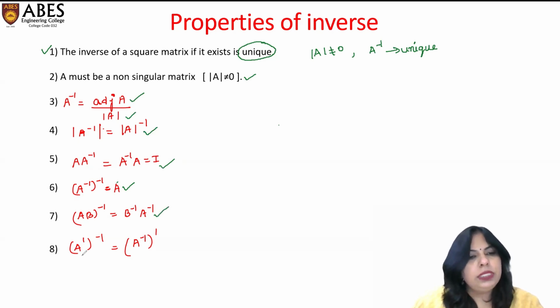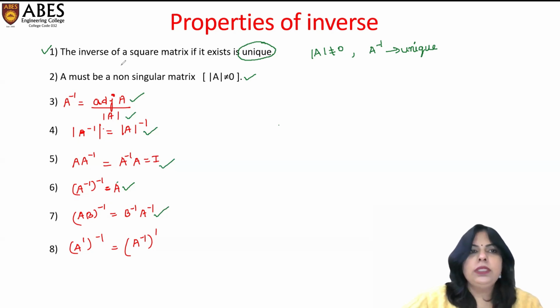And the last one is inverse of A transpose is equal to transpose of A inverse. Both are the same thing. These are the properties of inverse.